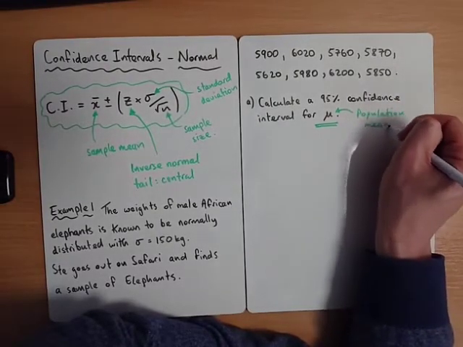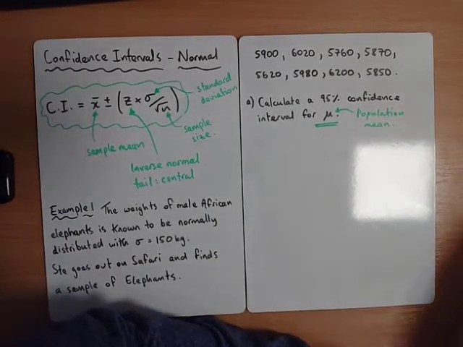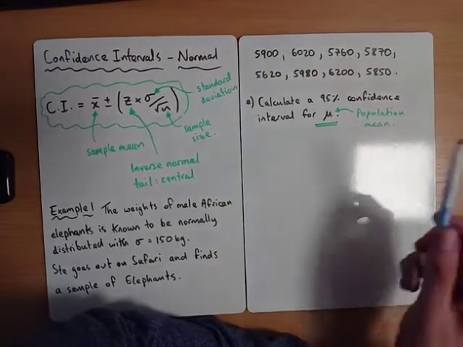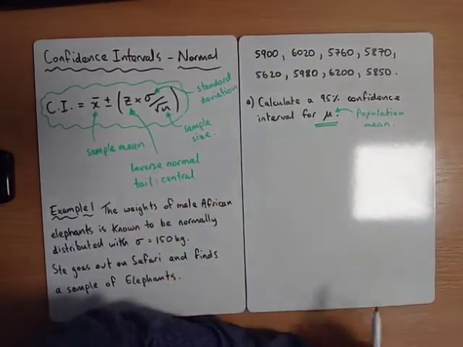You're never going to really know what the population mean is unless you're able to get all of the data in that population and measure it, which in real life isn't going to happen, is it? So instead we'll take a sample mean.